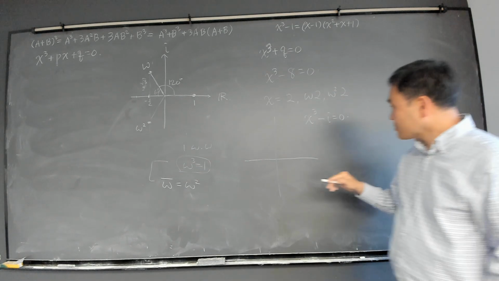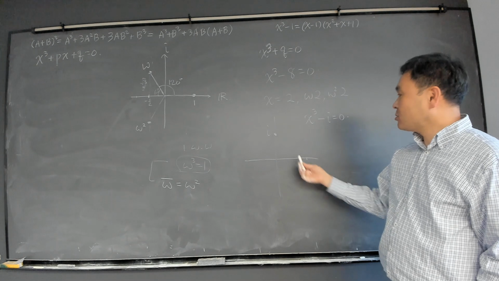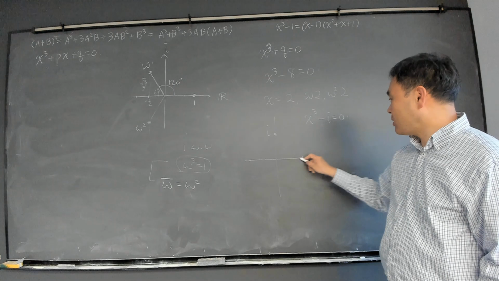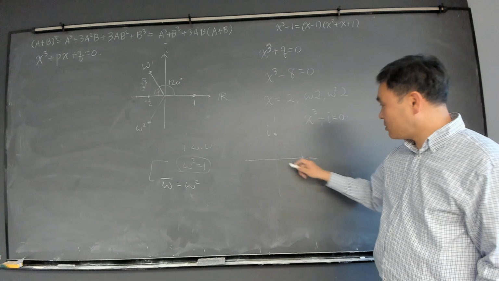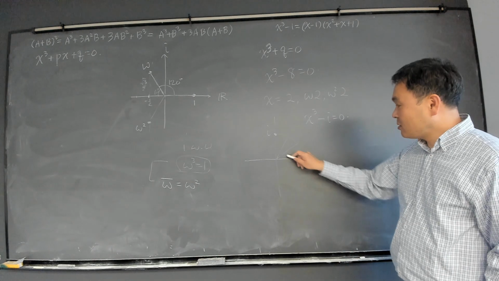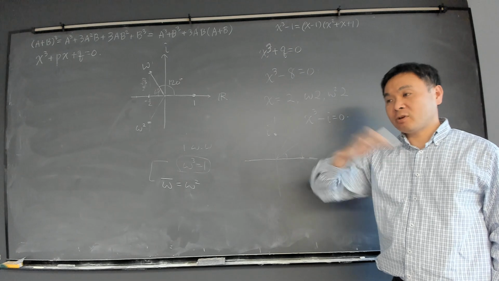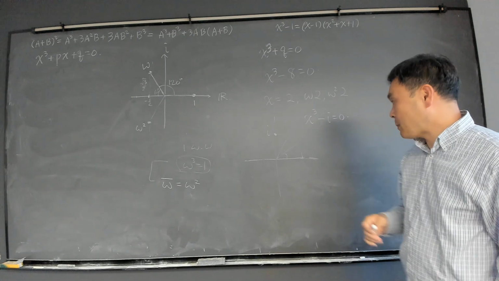Well, i is here, and you're trying to find something whose cube is i. So you can divide this 90 degrees into 30 degrees, and if you have a rotation by 30 degrees, then 30 degrees and another 30 degrees gives you i, right?